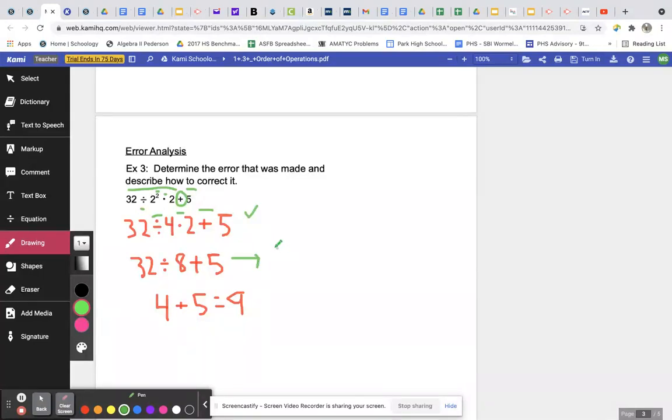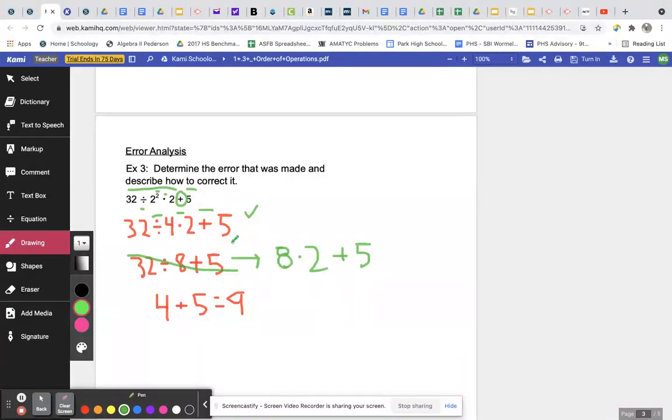Okay? This should be 32 divided by 4, which happens to be good old-fashioned 8. So 32 divided by 4 is 8 times 2 plus 5. So we needed to divide before we multiplied.